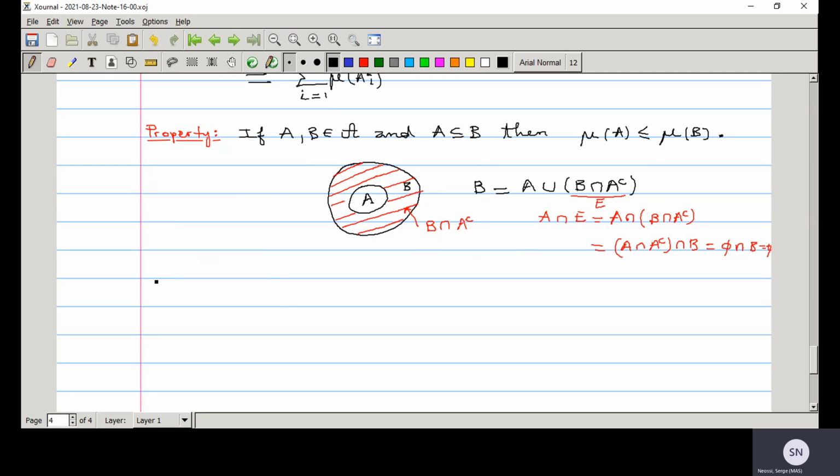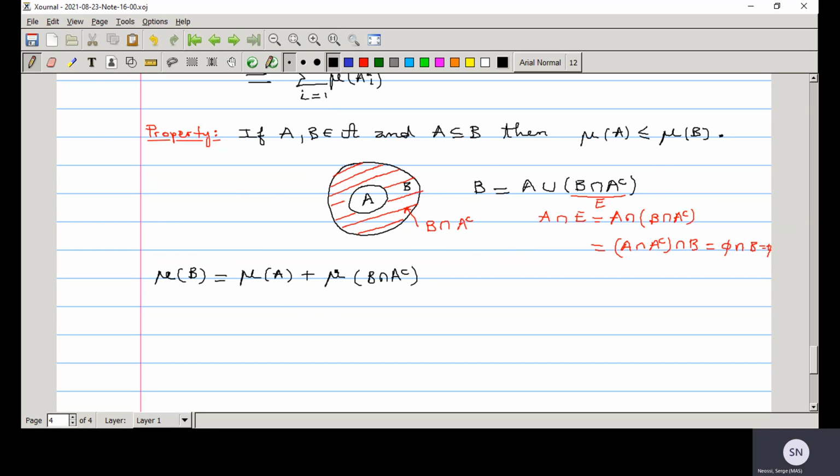Since they are empty, we use property 3, that mu of the union is equal to the sum. They are disjoint, so I can just apply it and split. That will be mu A plus mu of B intersection A complement.